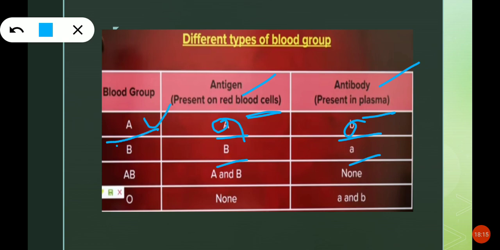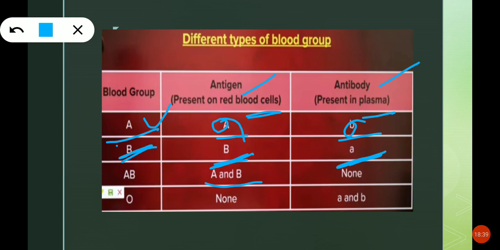And if capital B antigen is present in the blood, and small a antibody is present, then that blood group is called B. And what about AB? AB means antigens A and B both are present and antibodies are not there.